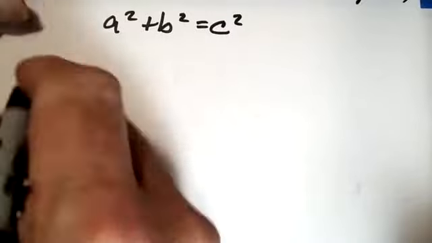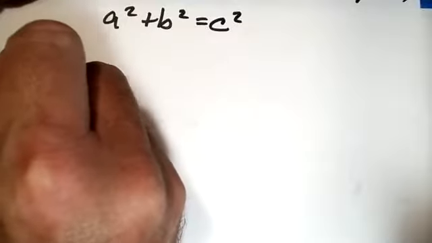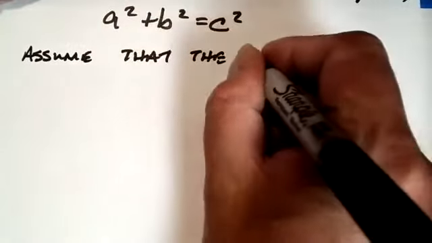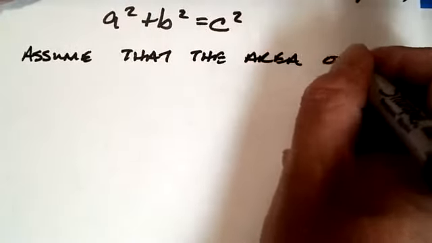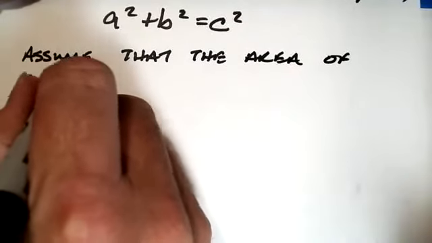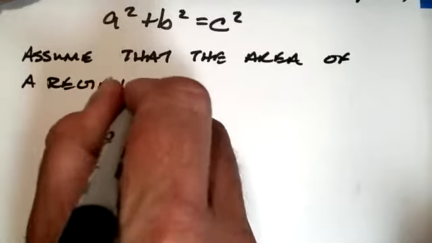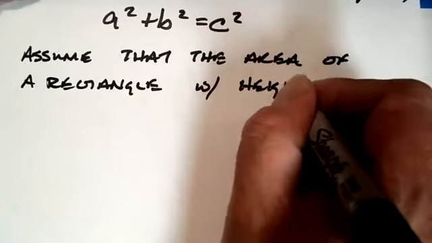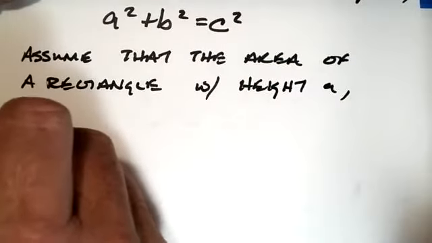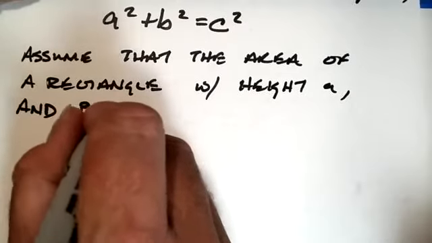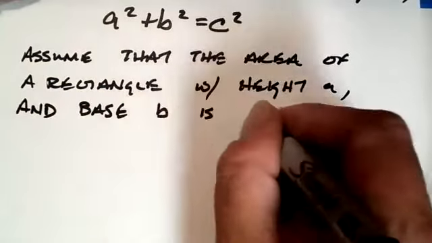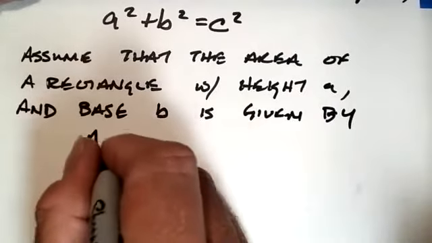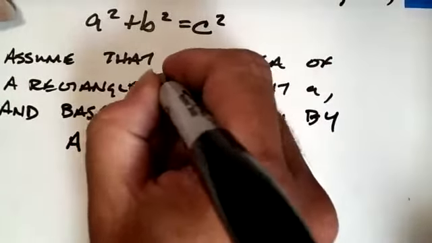So let's assume that the area of a rectangle with height a and base b is given by area equals a times b. Let's label what A is.